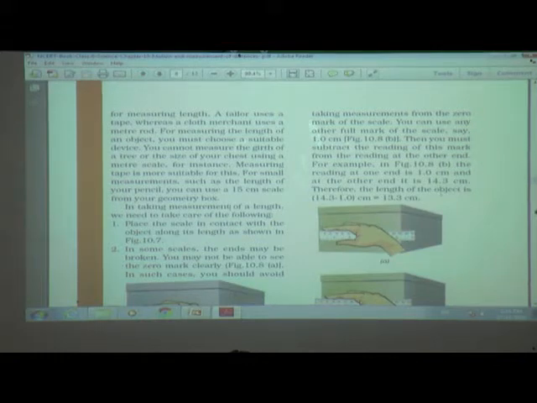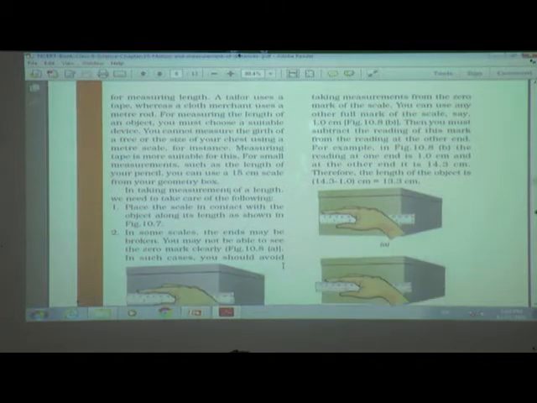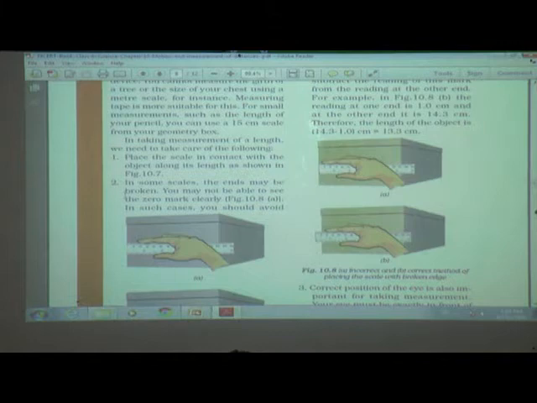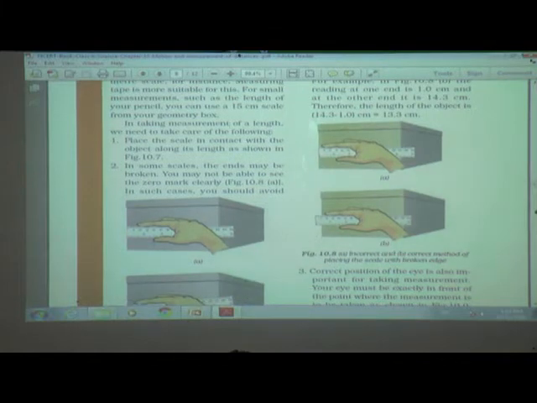Therefore, the length of the object is 14.3 minus 1.0, so the length is 13.3 centimeter. This may happen when your scale is broken. Otherwise, you can take the measurement from 0.